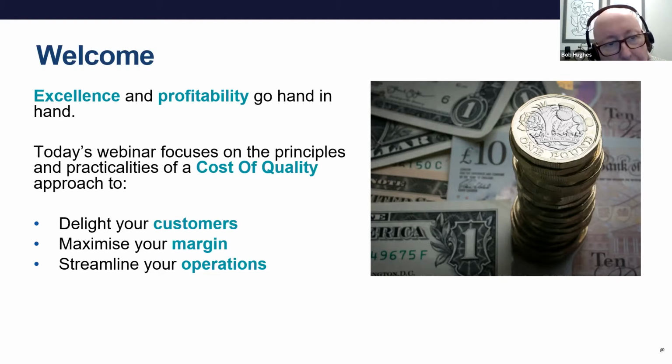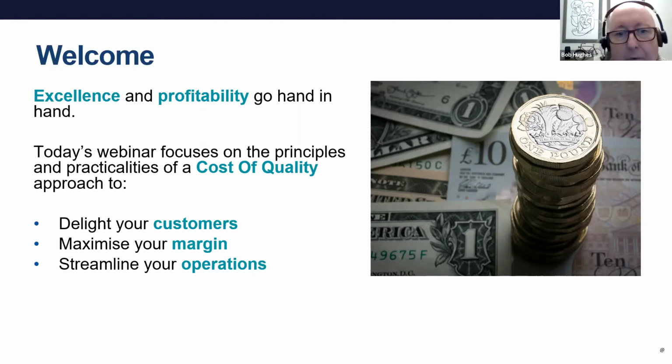So the objective for this evening is to put excellence and profitability together, the concept of masterclass excellence, they go hand in hand. We're looking this evening at creating knowledge around masterclass excellence associated with the construction sector. We're aiming to focus on cost of quality, cost of conformity, cost of getting it right, and the consequence of non-conformity.